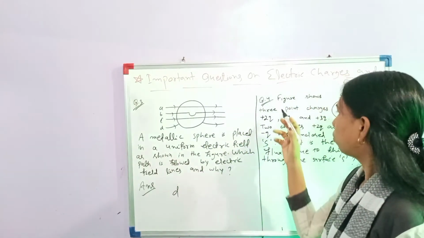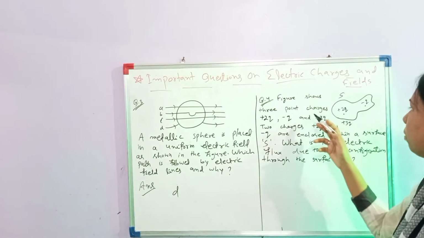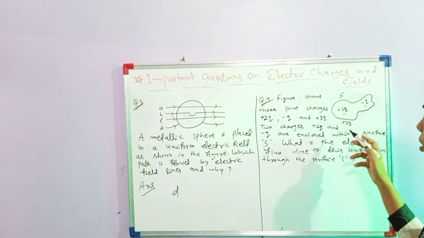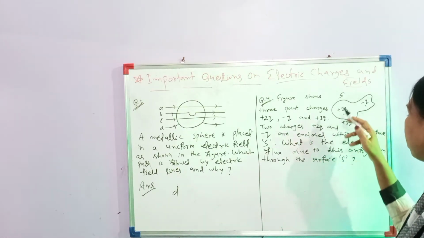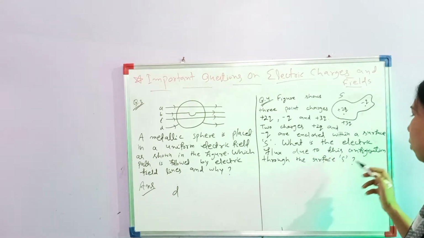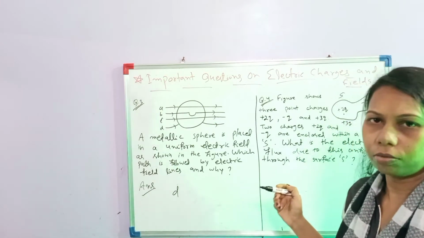Next, question number 4. The figure shows 3 point charges plus 2q, minus q and plus 3q. 2 charges plus 2q and minus q are enclosed within a surface S. What is the electric flux due to this configuration through the surface S? You know the Gauss law.